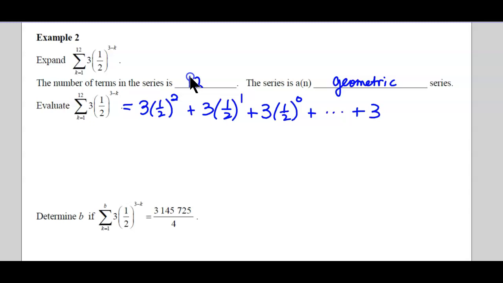Yeah, you can. Then here, this will be 1/2 to the 3 minus 12, which is negative 9. So this is going to be 3/4 plus 3 over 2 plus 3, and whatever that is, 2 to the 9.